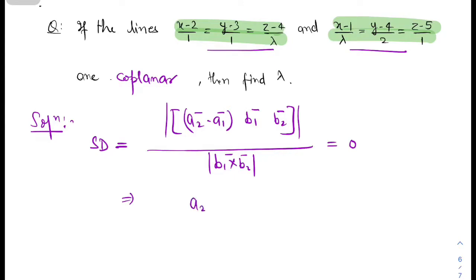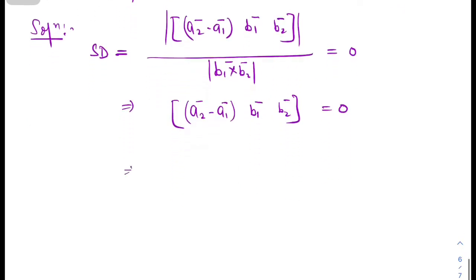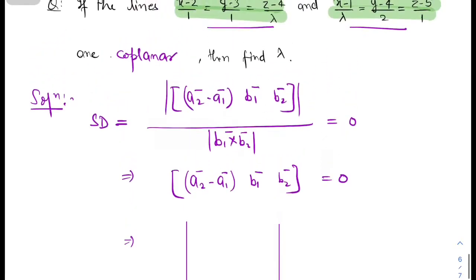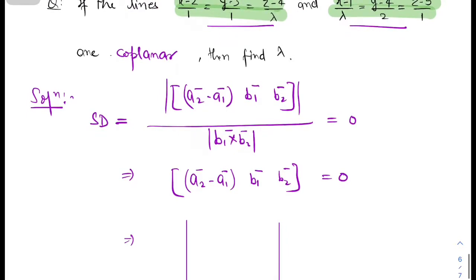This numerator, the scalar triple product of a2 minus a1, b1 and b2, must be 0. It is very easy to calculate this scalar triple product. You will just have to write the components of a2 minus a1 in the first row, components of b1 in the second row, and likewise the components of b2 vector in the third row.